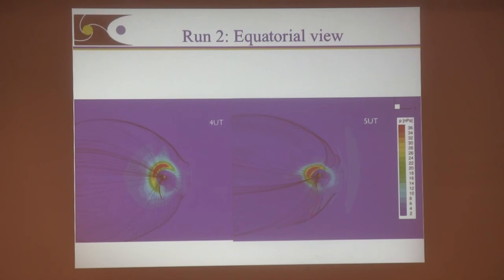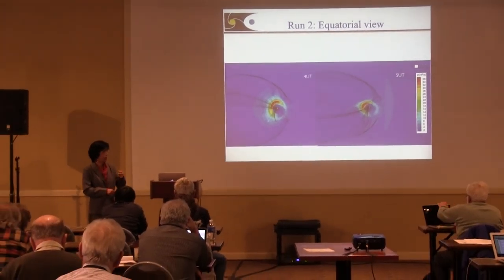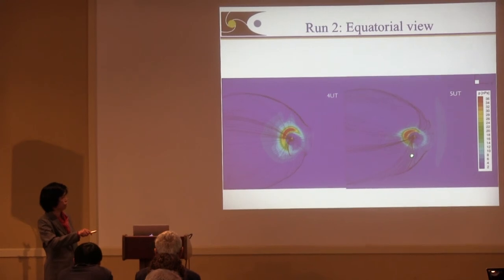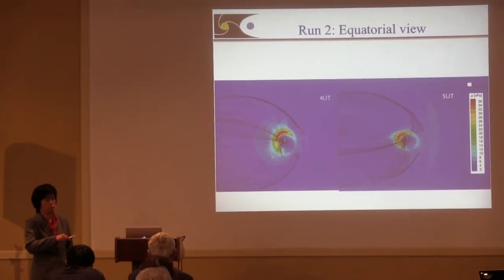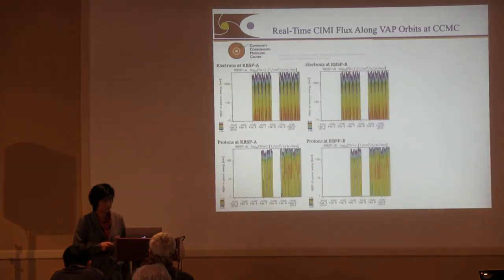So that's why you see the dropouts: the spacecraft is moving in and out of the closed field line region and the very stressed field line region. That's why you see the flux high and low. When the spacecraft connects to a very stressed field line, there's not much ring current there.